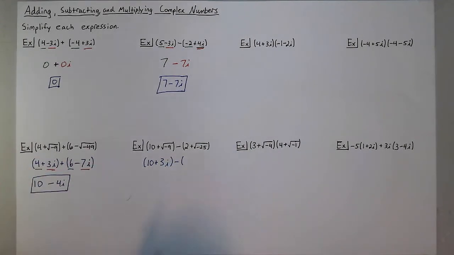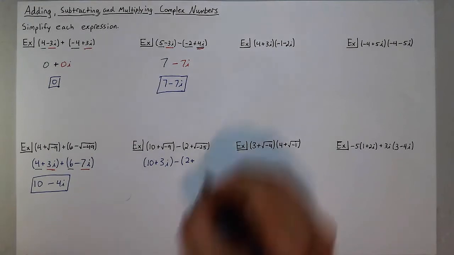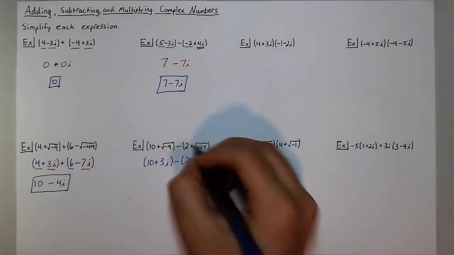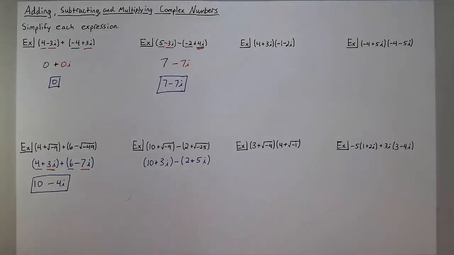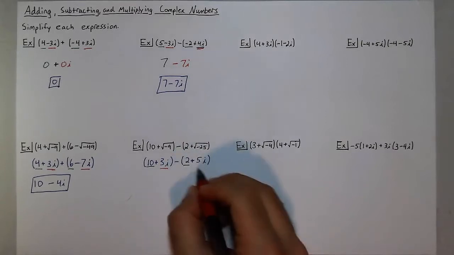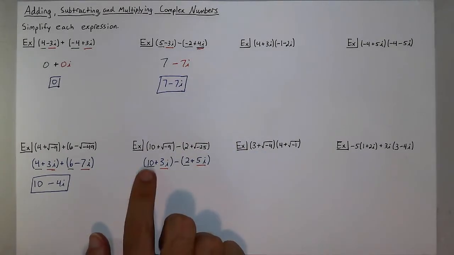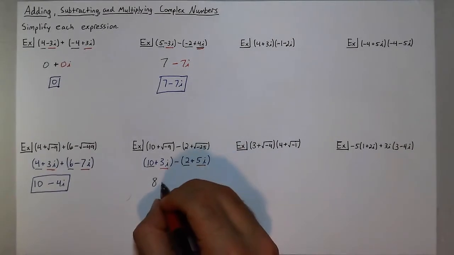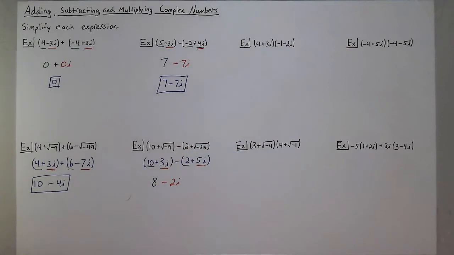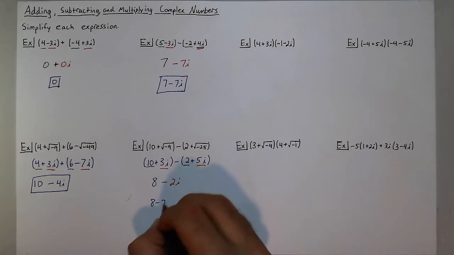So over here we have 2 plus the square root of -25, which again is going to be imaginary because of that negative, and the square root of 25 is 5. So now we'll combine our real parts with the real parts and our imaginary parts with the imaginary parts. So 10 minus 2 is 8, and 3i minus 5i is -2i. So for our final answer, we get 8 minus 2i.